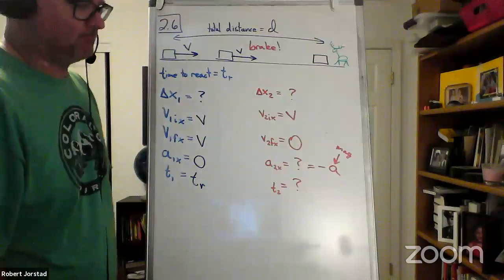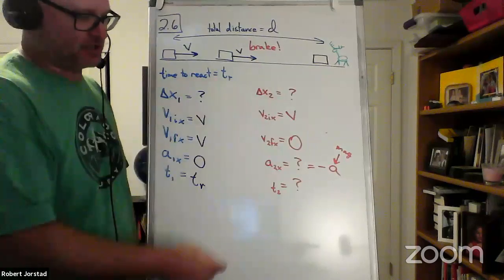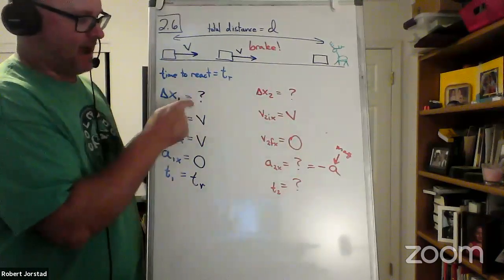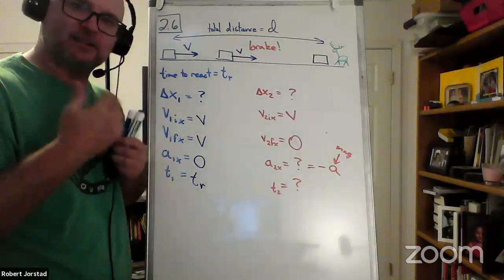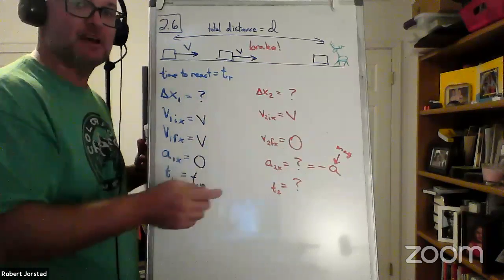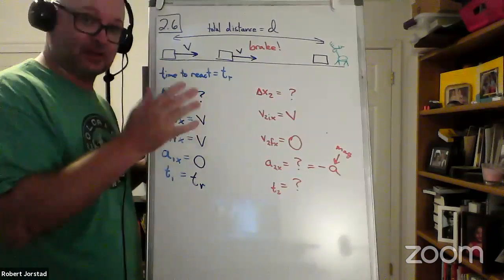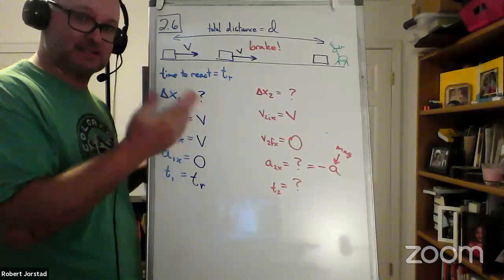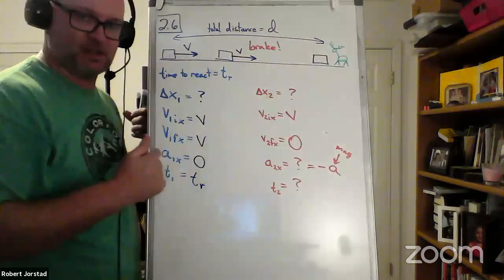Is it the constant speed? Well, you're right. That's true. But I'm thinking it's something with the question mark. So is it the x1 plus x2 equals d? That's what I'm looking for. So that's called a constraint. What we have here are two totally different problems, but we do know that the two displacements should add up to the total displacement.